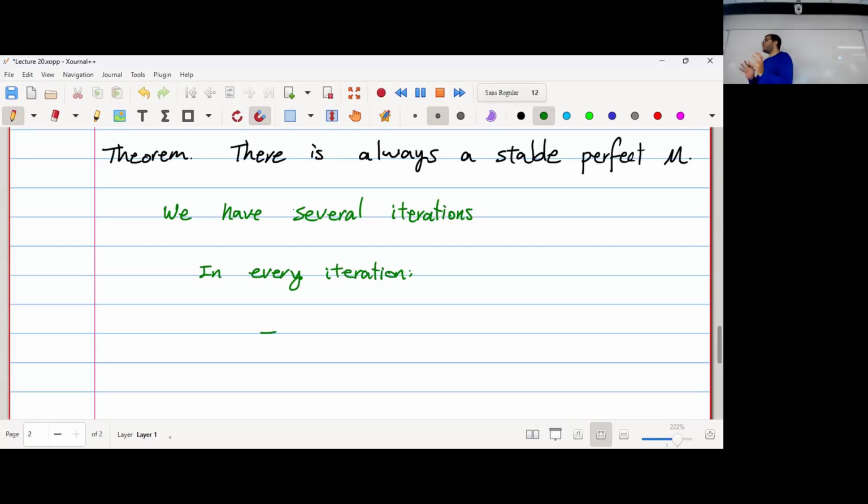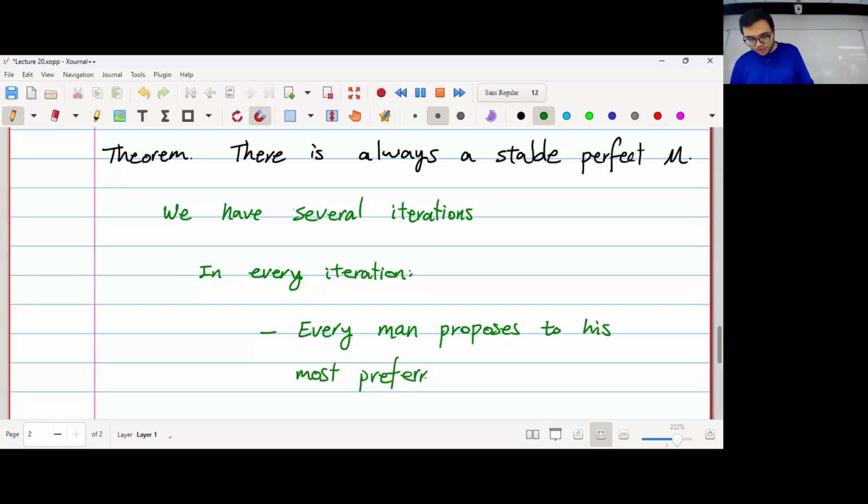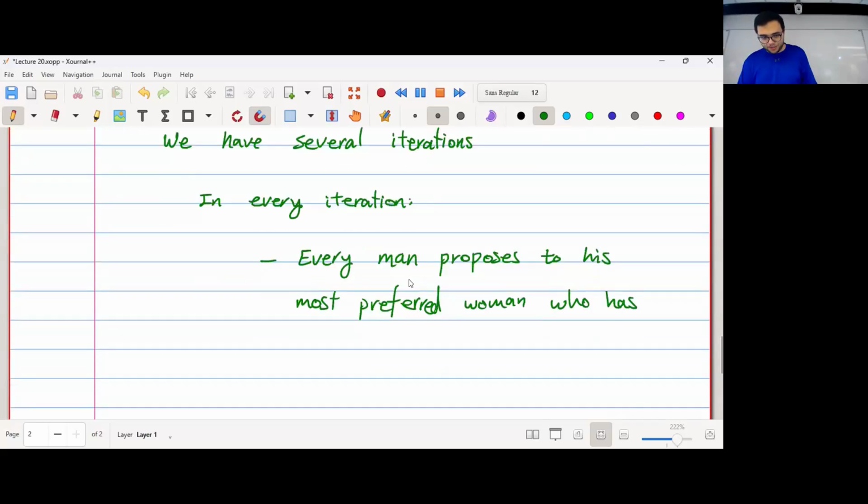So at the beginning of every day, every man just goes and proposes to his most preferred woman who has not rejected him yet.